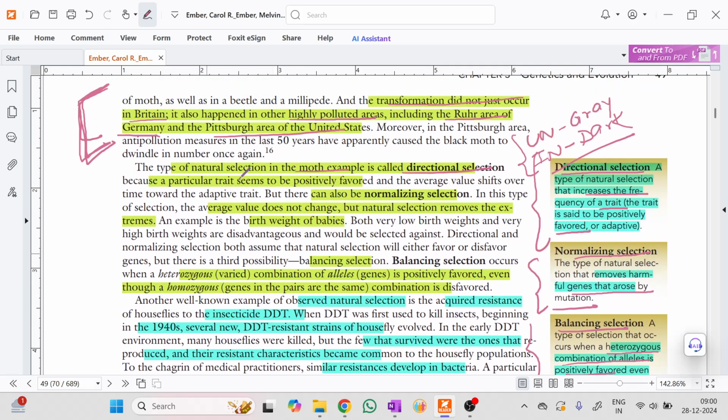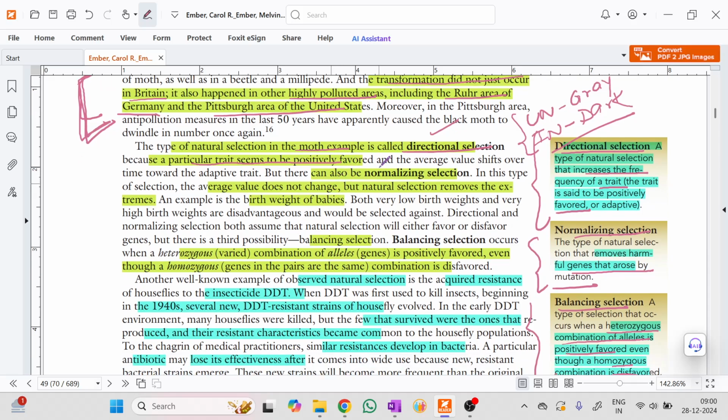So this natural selection which has been spotted in moths is directional selection because a particular trait has been positively favored. But natural selection can also take other forms such as normalizing selection and balancing selection. In this, the average value does not change, but natural selection removes the extremes.